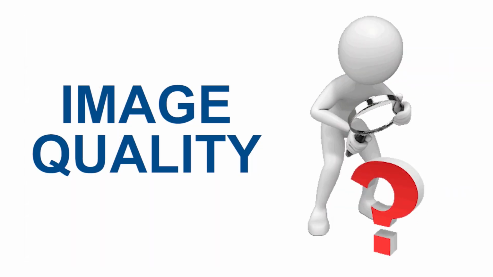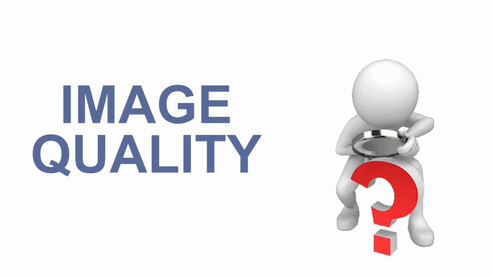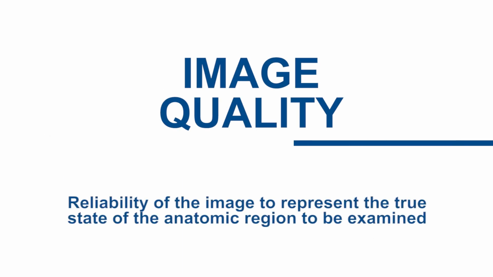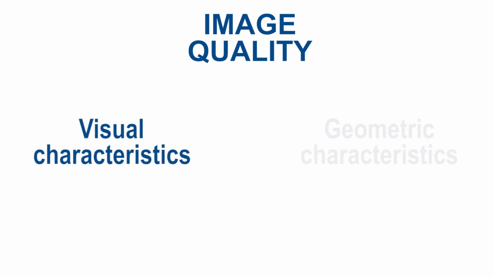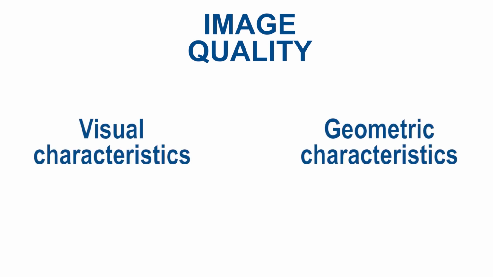So you must be thinking now, what is image quality? The term image quality refers to the reliability of the image to present the true state of the anatomic region to be examined. This image quality is determined by two visual and three geometric characteristics.